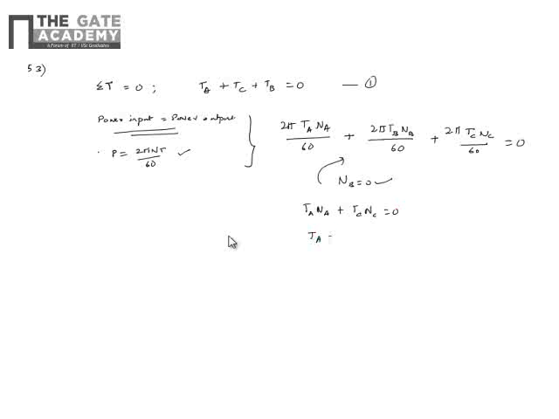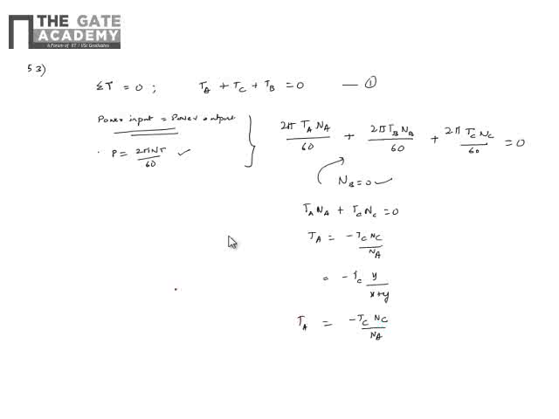So TA from this would be minus TC NC by NA. NC is your y, NA was your x plus y, and anyhow it is asked in terms of NC and NA, so we can just write NC by NA, no need to convert.